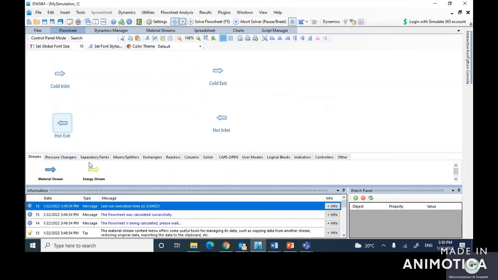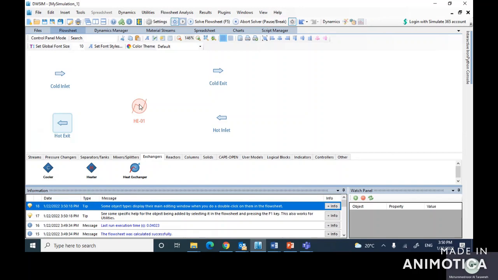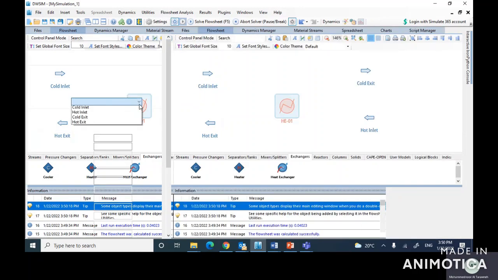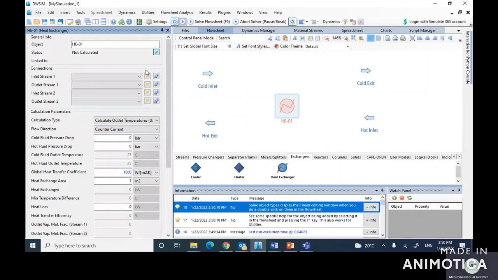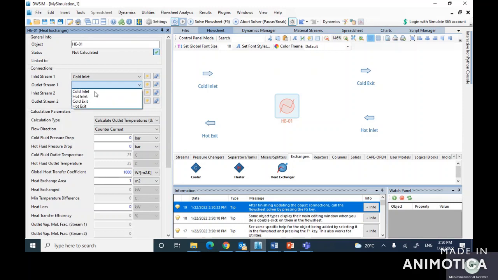Next, we need to choose a heat exchanger from this list. So those are the heat exchangers. Choose the heat exchanger and drag it. Next, click on the heat exchanger, and let's do the connections. This is an important part of the simulation. So the inlet stream 1 is the cold inlet, and its outlet is basically the cold exit.